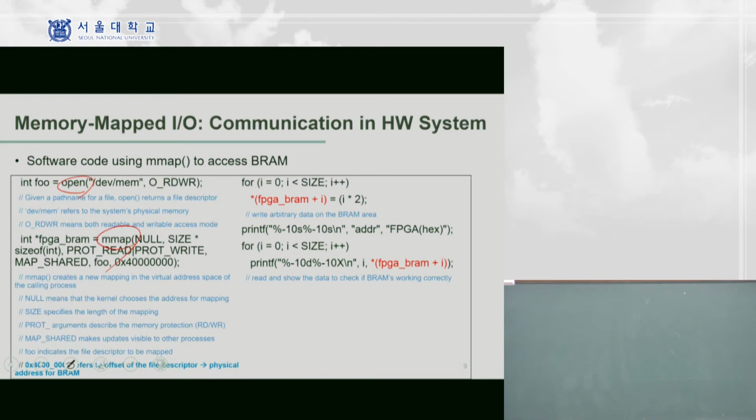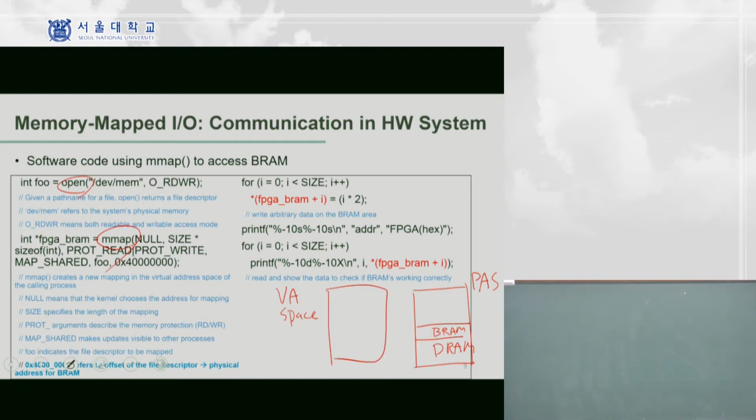As I said, let's say we have a physical address space like this. The lowest address is DRAM, and the next segment is BRAM, as I said, right? What we want is to create a mapping between the virtual address space and the physical address space.